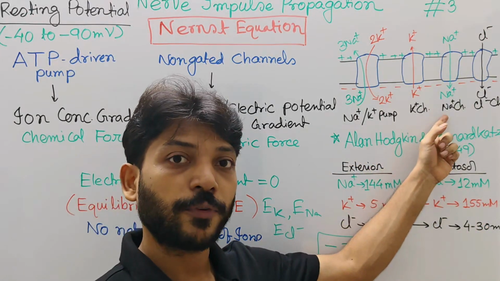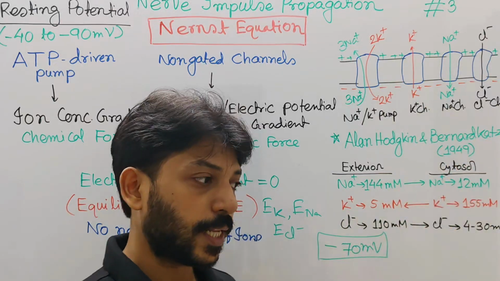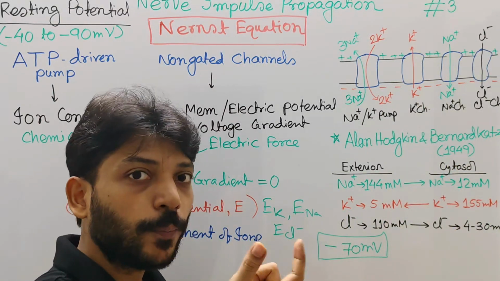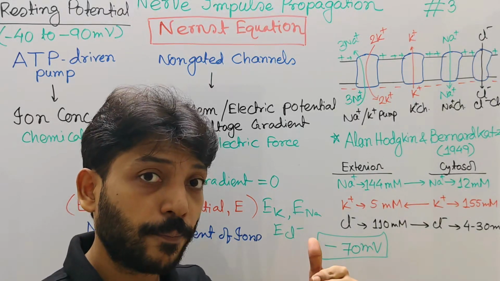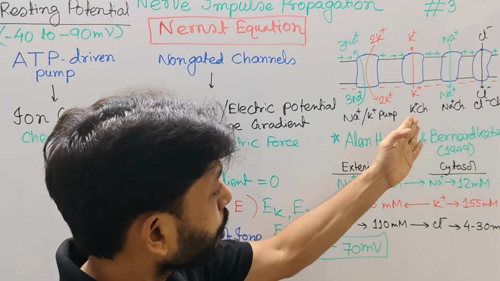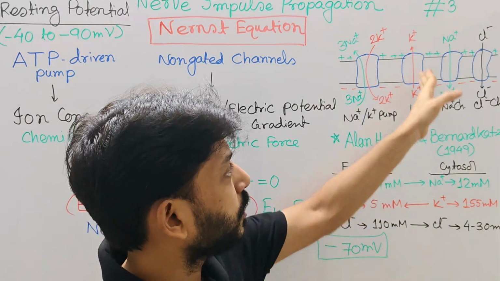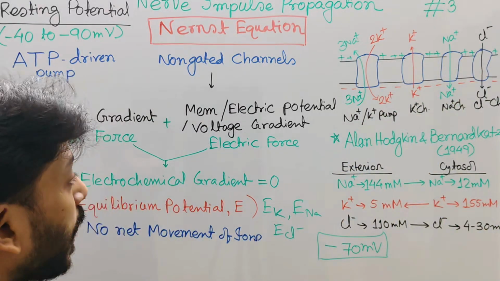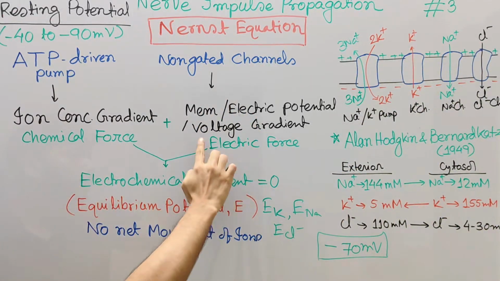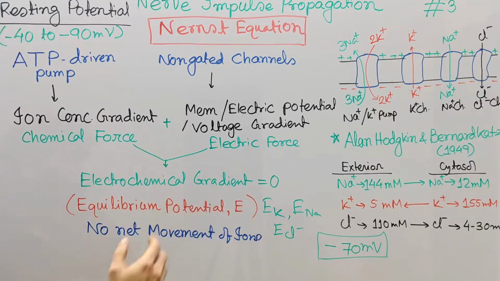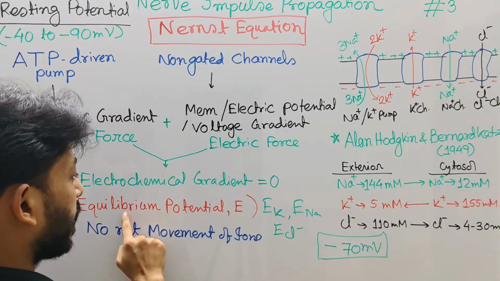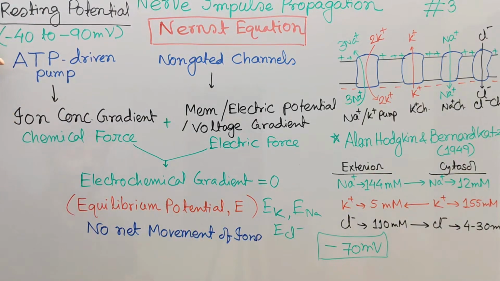This is the fundamental phenomenon of these channels: for a few milliseconds when a channel opens, ions move through it very fast, 10 to the power 9 ions per second. So a membrane potential, or voltage gradient, will be generated at that point. Then the movement of ions will stop, and this is called the equilibrium potential or resting potential.